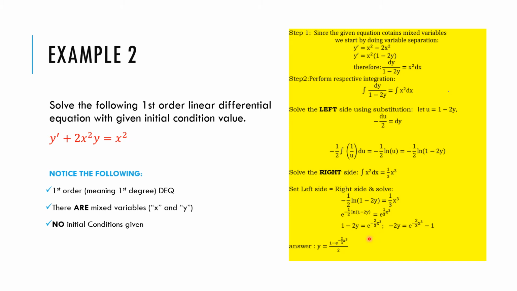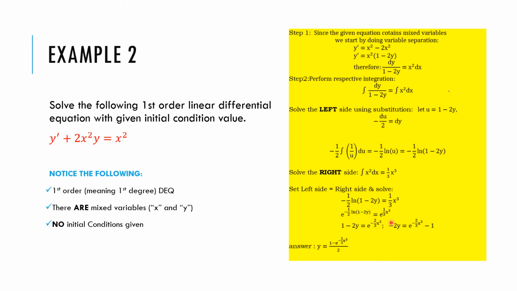You're probably wondering, where did the half go? This negative 1/2 came down also, but I multiplied it through on each side, and then I ended up with this right here: 1 minus 2y equals e raised to the power.